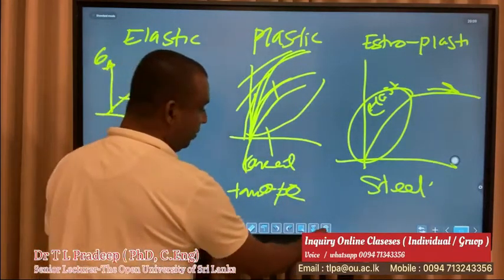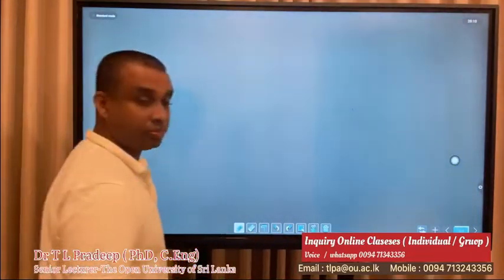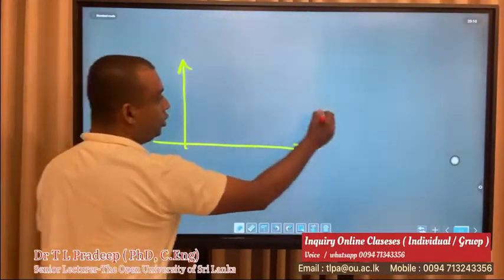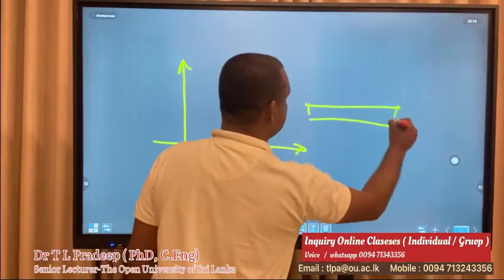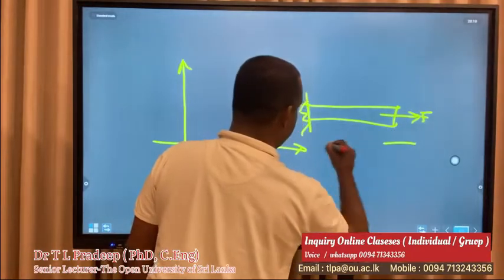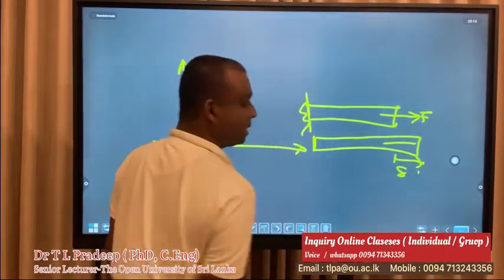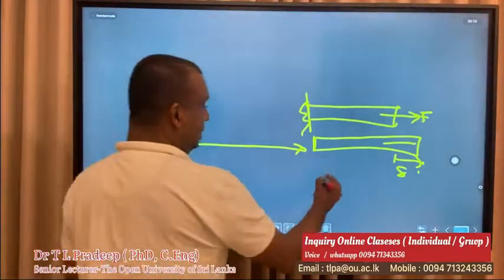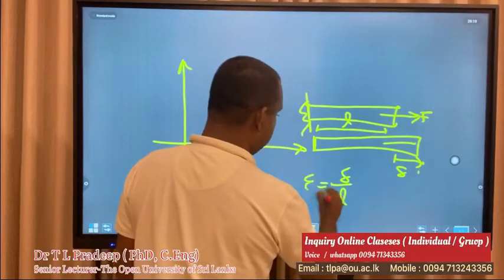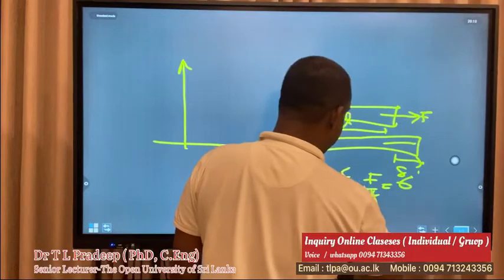Before that, quickly we will go for the stress strain behavior. What do you mean by the stress strain? You have an element which is fixed somewhere, you apply the load, and once you apply the load, the deformation is delta. This delta divided by original length is called strain, and F over A is defined as the stress.